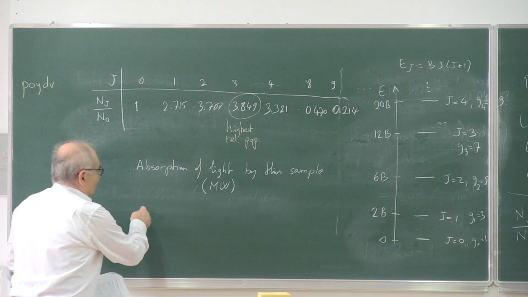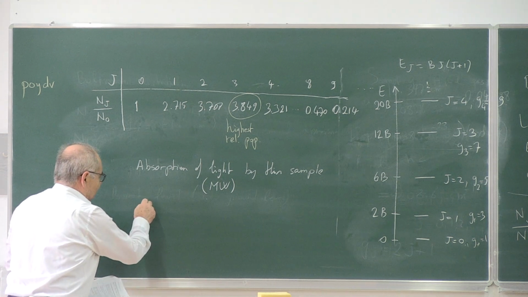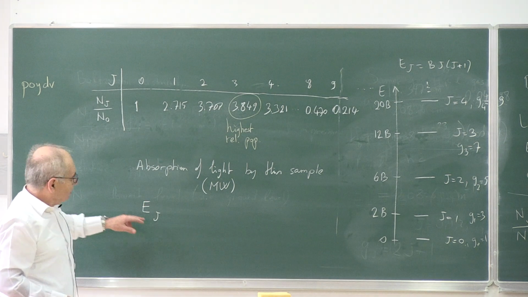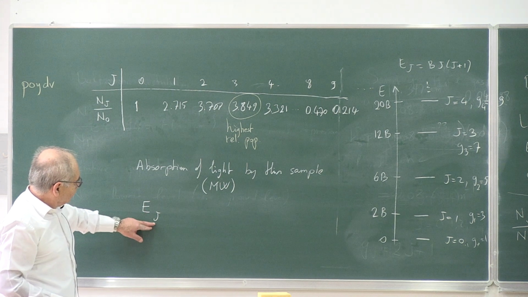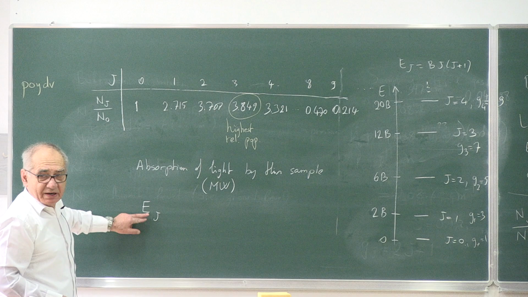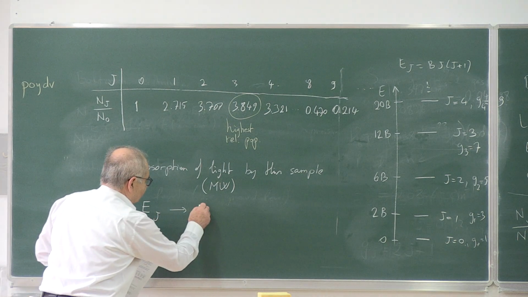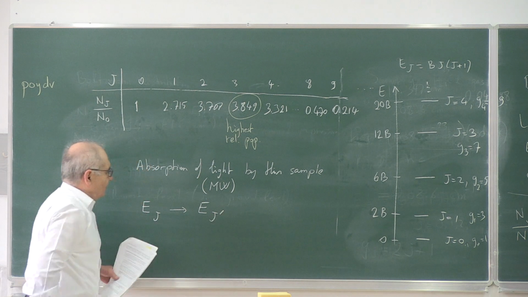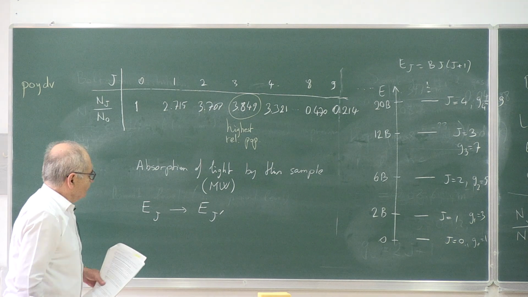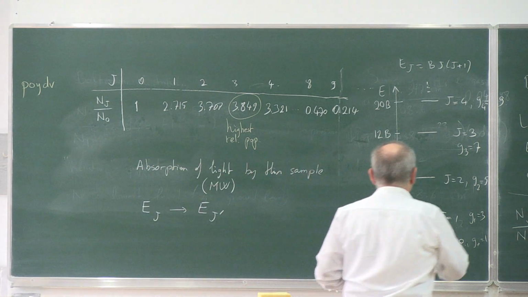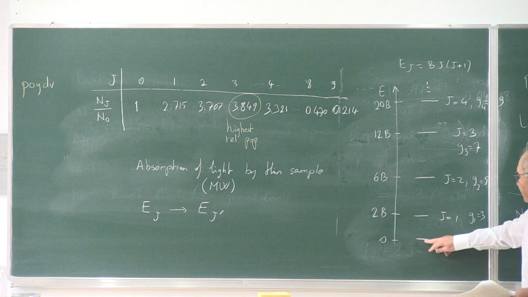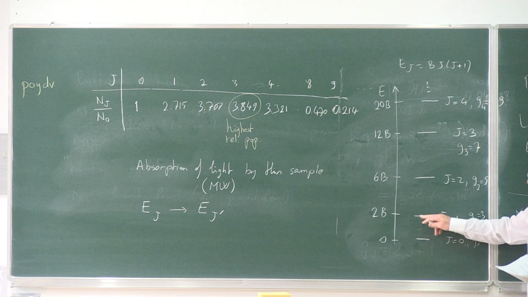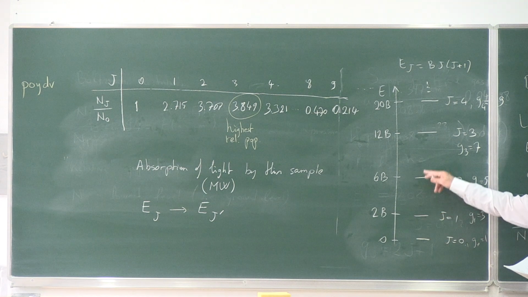Then, when a photon is absorbed, a molecule initially in the jth energy level with energy Ej is excited to energy level with J prime. For example, a molecule initially in the lowest level, after absorbing light, can go to either that level or to that level or to that level.